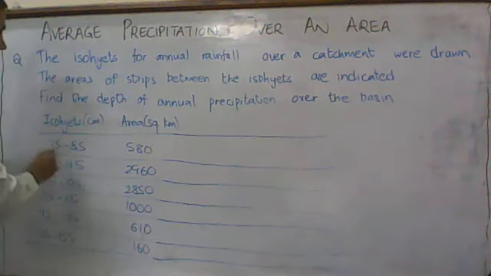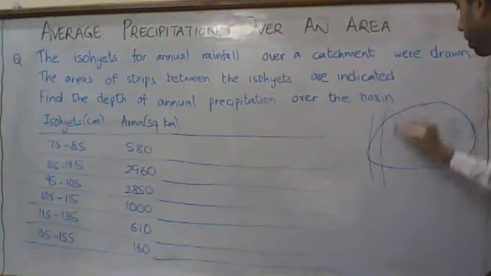The values of isoheight are given like this, and areas are also mentioned over here. So how are these done? See, suppose this is the area, and these are the isoheights.